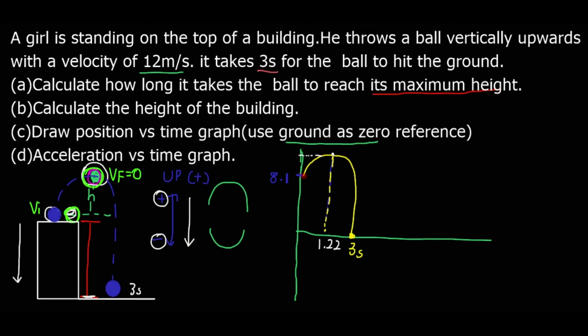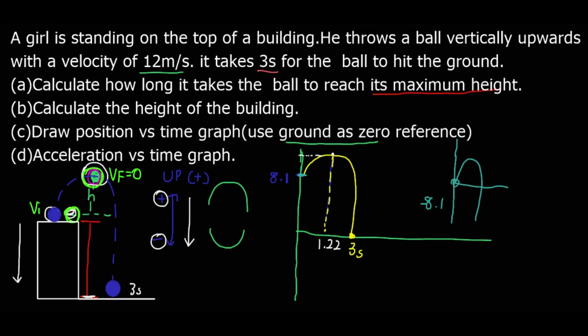So you draw starting from your height, but if the question said use the top of the building as the zero reference, it would be something like this one, and then here it would be 8.1, but negative.